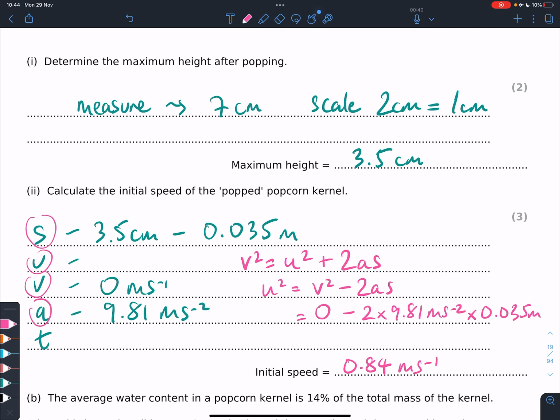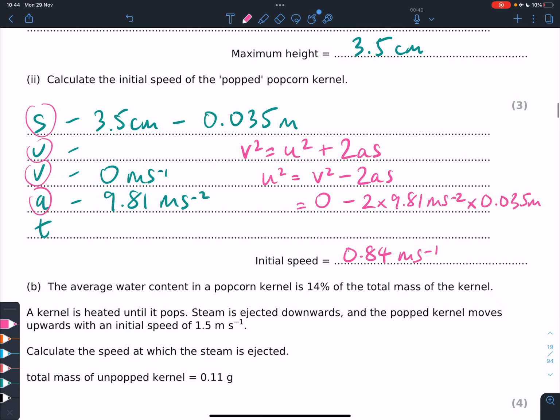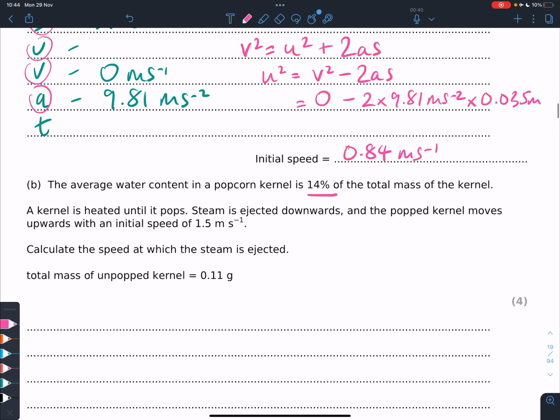Right, okay, the average water content in a popcorn kernel is 14% of the total mass. A kernel is heated in a pot, steam is ejected downwards. So this is what I was talking about, the rockets. Some of this is water turned into steam, and some of it is corn.